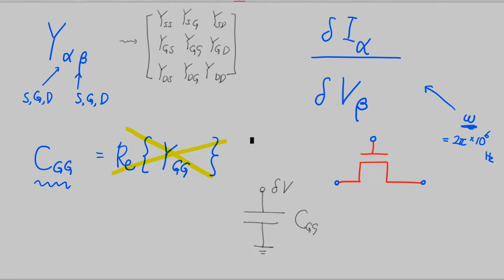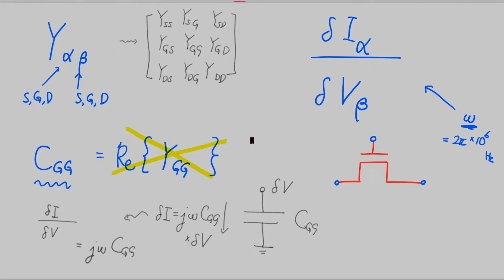In phasor notation, you will have the current delta I equal to j omega CGG multiplied by delta V. So taking from this simple system, when you take delta I over delta V, you will find that this corresponds to your CGG.